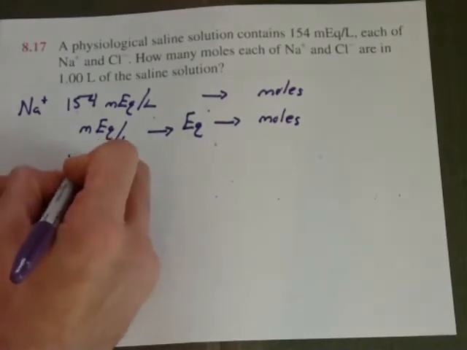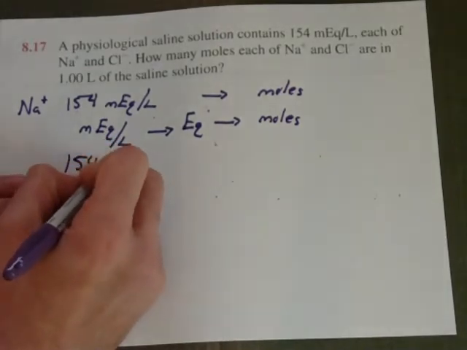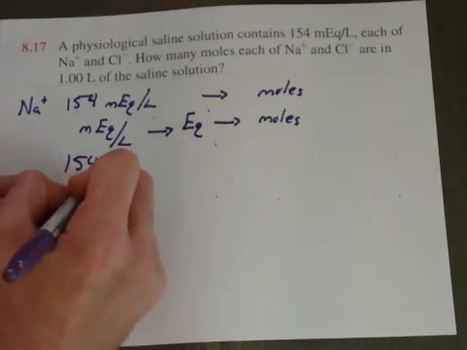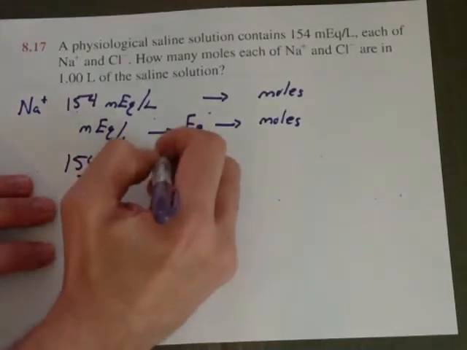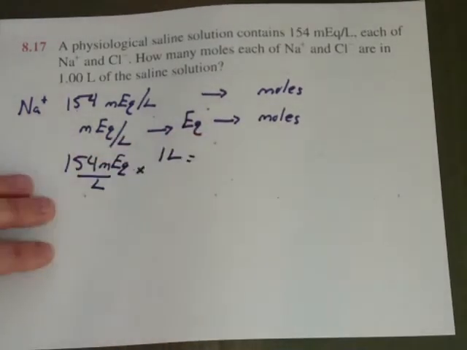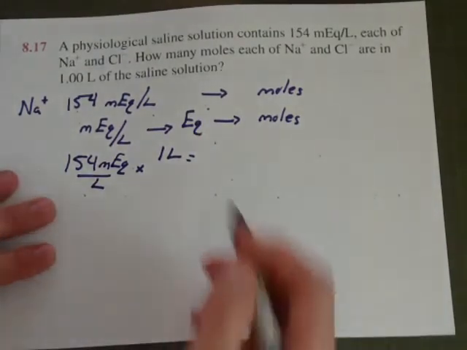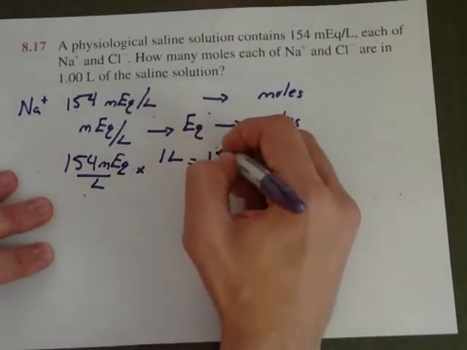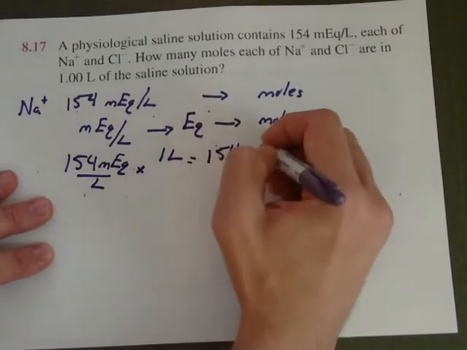Okay, so we have 154 milliequivalents per liter. And we know we have 1 liter. So that means we're going to have a total of 154 milliequivalents.